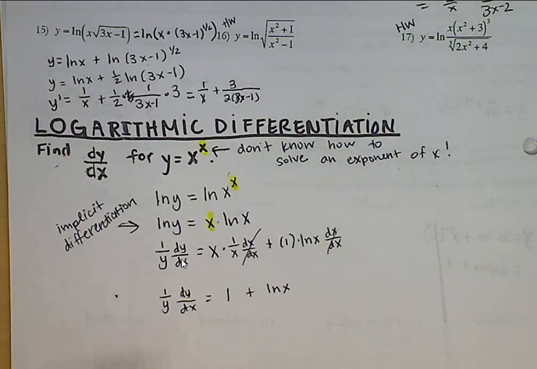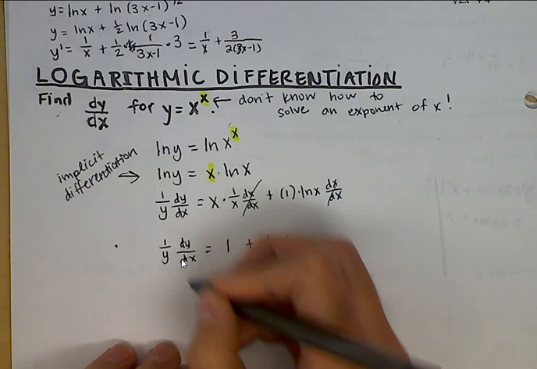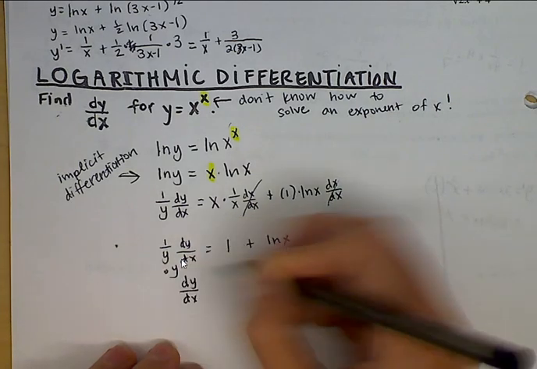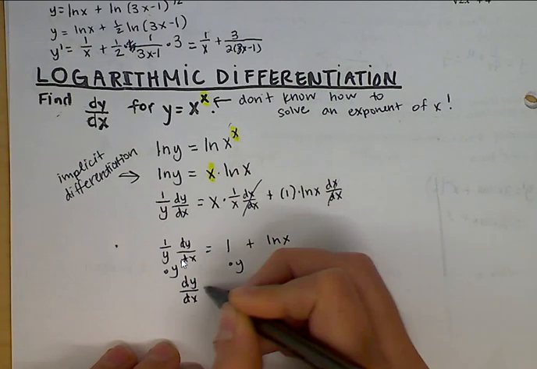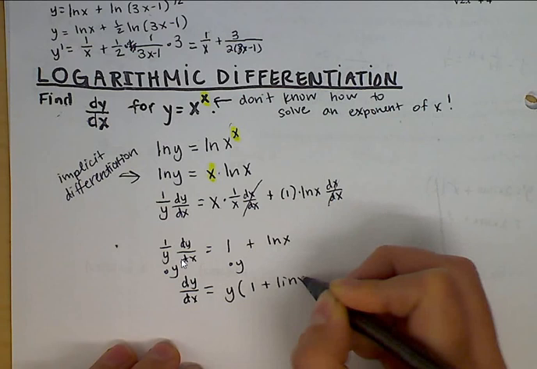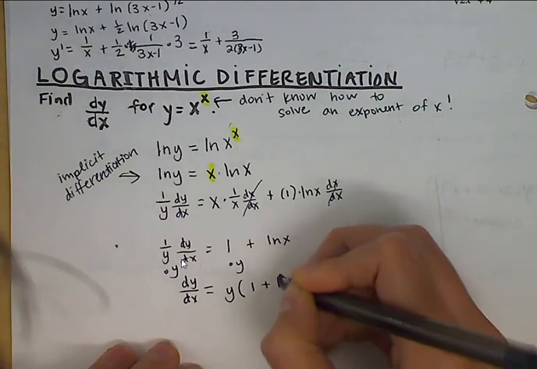So to solve for dy dx, I'm going to multiply both sides by y. And I get y times, what's this? Oops, I don't know why I wrote it like that. This is just ln of x.